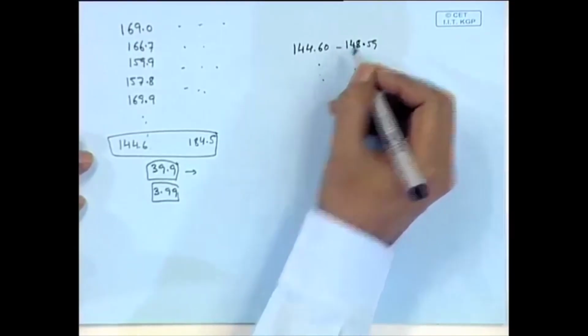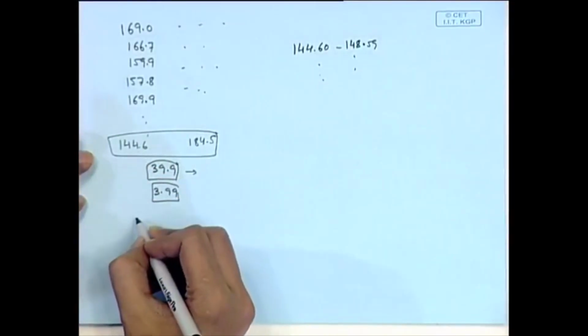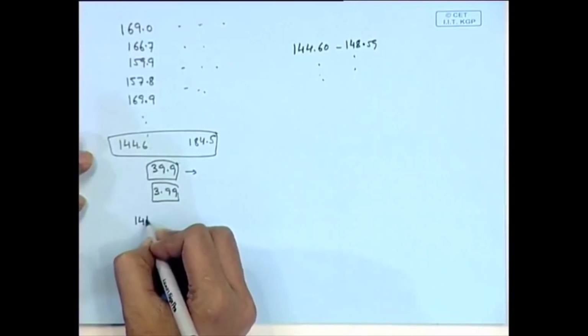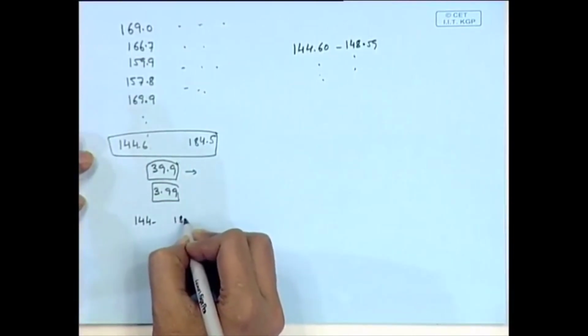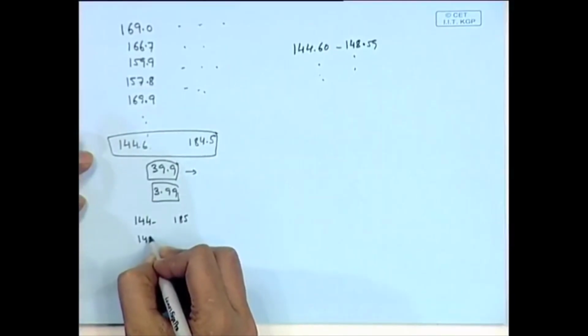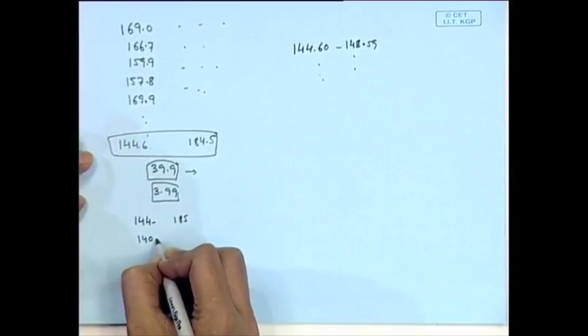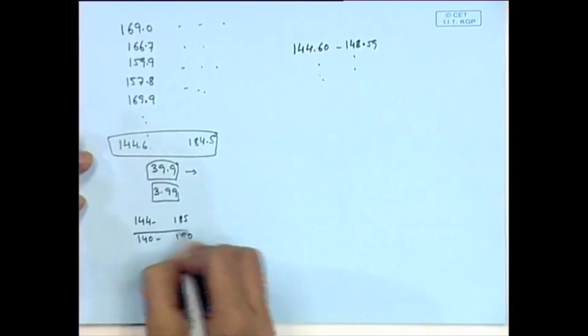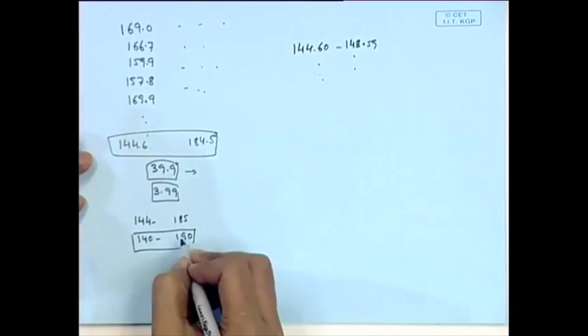So, a better option could be that I can consider the length from 144 to 185, or even better we can consider something like 140 to 190, which is a more convenient representation.